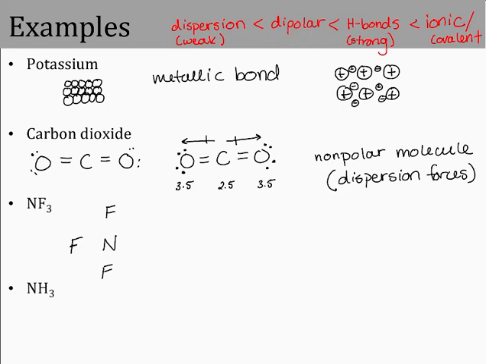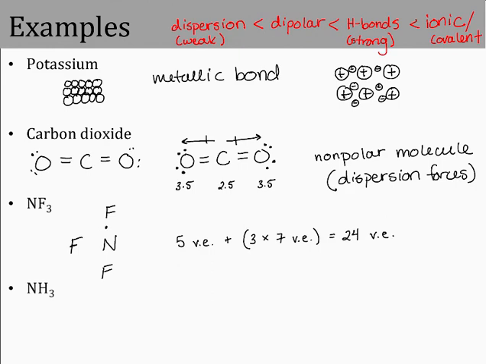How many valence electrons do we have for this molecule? We have 5 valence electrons for nitrogen, plus 7 valence electrons for each fluorine. So that's 3 times 7. So we have 24 total valence electrons.